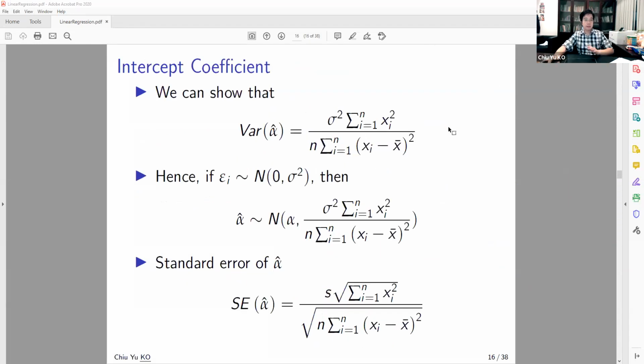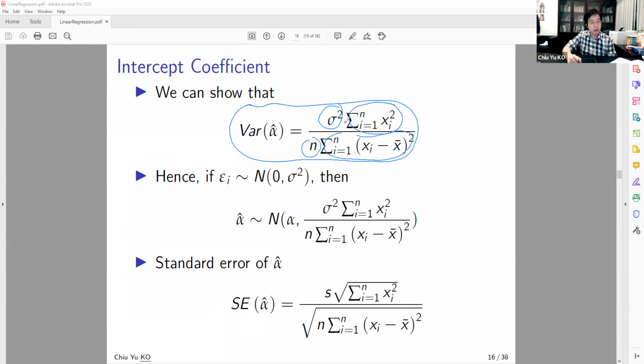It's the following. The first statement we will try to prove to you is that the variance is given by this. The variance is given by a somewhat complicated expression. If we know sigma squared, there is the sum of x squared and this.